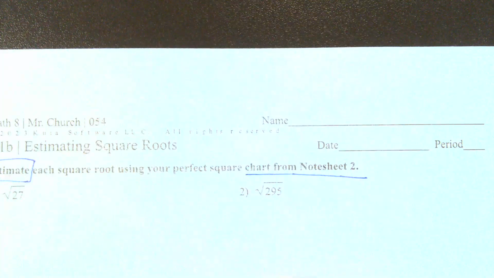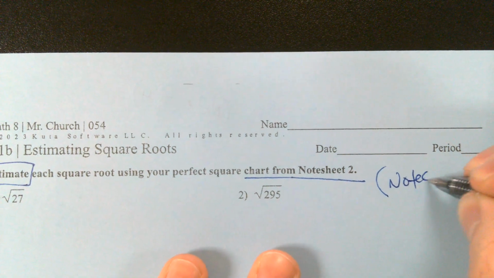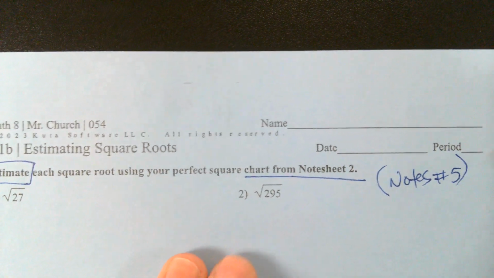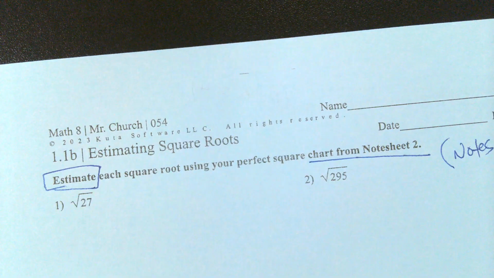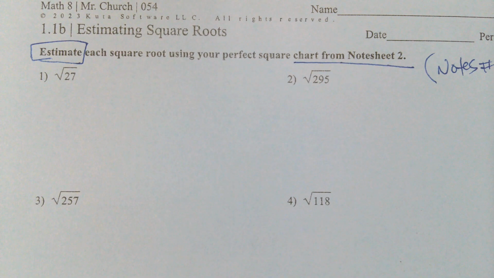But for the front, you're going to use note sheet number 5. So it's a little backwards from the way that we talked about it. If you're more comfortable starting on the back and moving towards the front, that works. But I think the front's probably a little bit easier. You don't really have to do any math. You just have to use your deductive reasoning skills and your vision and eyesight. Okay.